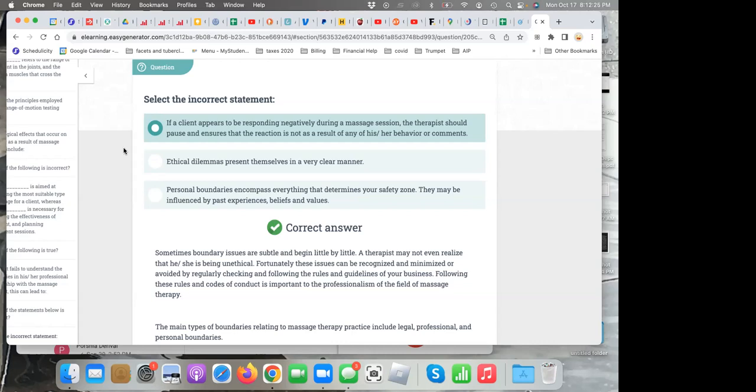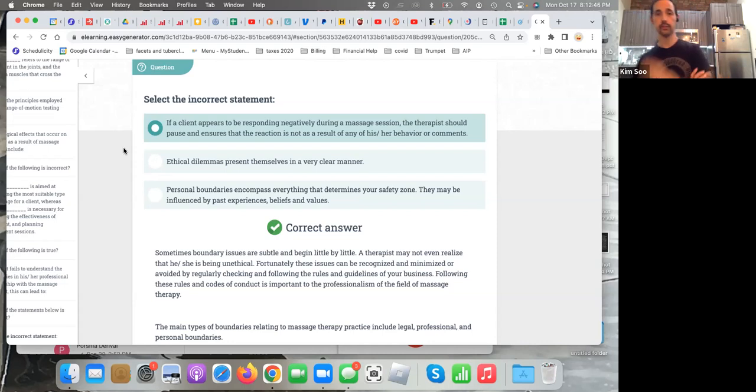Following these rules and codes of conduct is important to professionalism of the field of massage therapy. The main types of boundaries related to massage therapy practice include legal, professional, and personal boundaries.